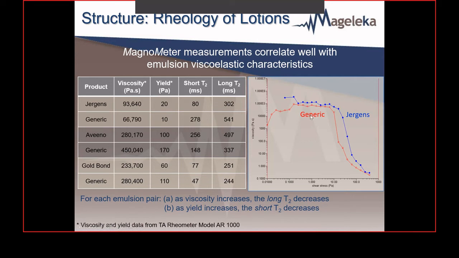Now, from this rheological data, we can obtain two parameters of the emulsion, the viscous and elastic. The first is the zero shear viscosity, and the second is the yield stress. So you can get this from the rheology data here. I've got the viscosity and yield stress. Now, emulsions, as I said, are 2-phase systems.